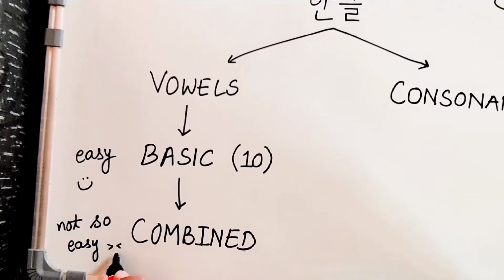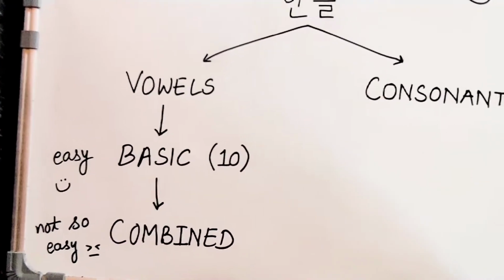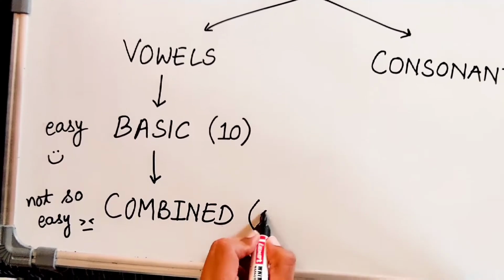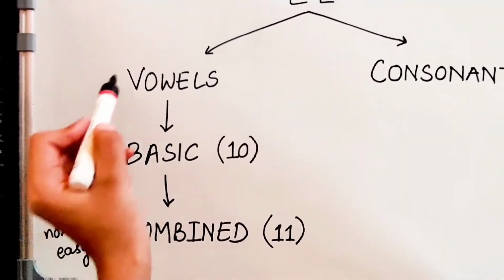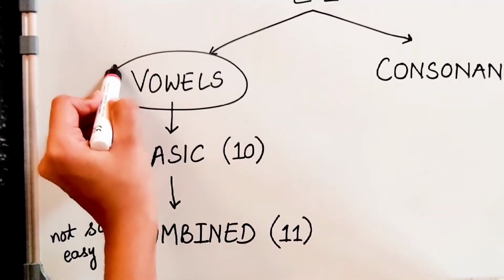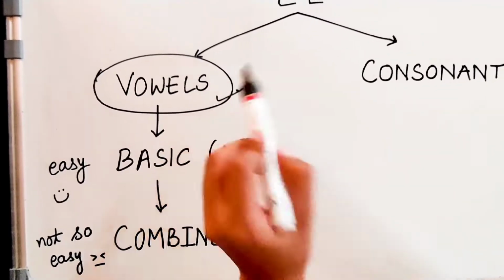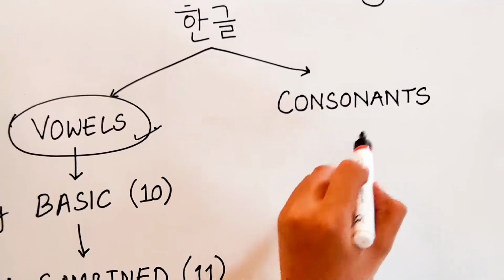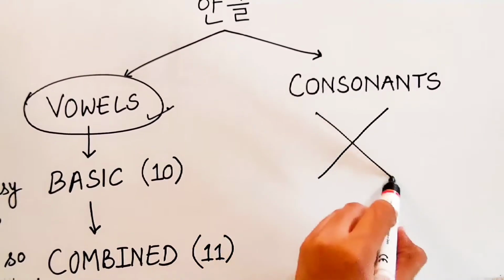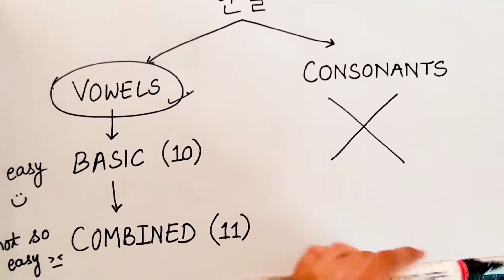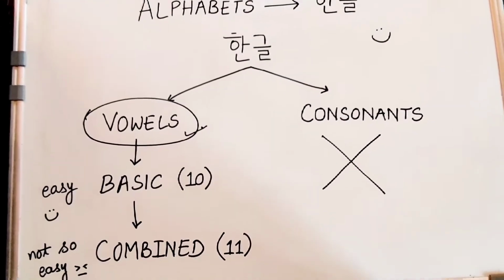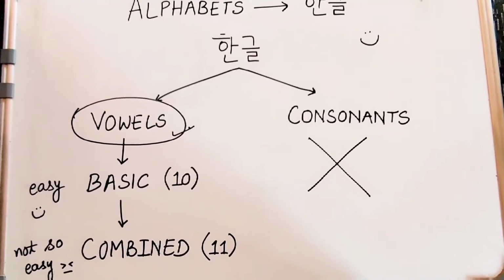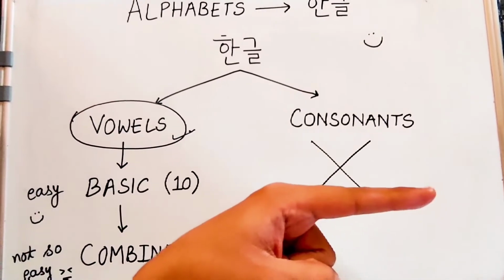Even though your expression is going to be that while learning them, I'll make sure that the expression changes to the easy ones, right? So in today's class, we are going to learn all these vowels, basic and combined. Just forget about consonants for today because that will just confuse you. Okay? So take a screenshot if you want and you can refer to it later. Let's go.